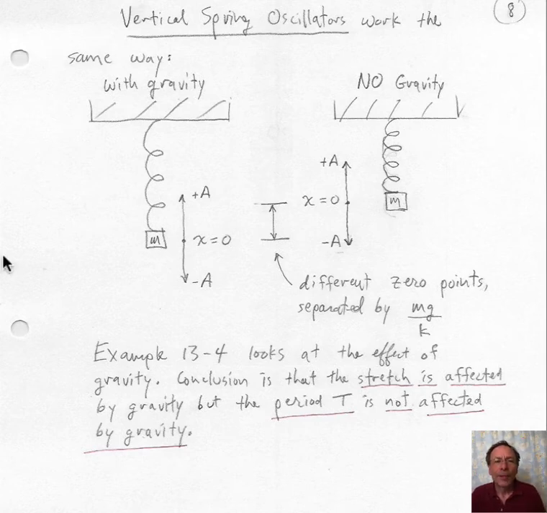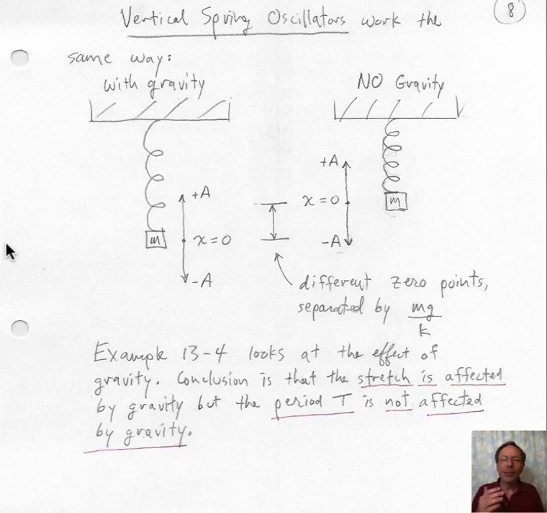Okay, now the book talks about the difference between oscillators, where you have the spring and mass moving horizontally, and the spring and mass moving up and down. And actually, there's very little difference in the way they operate. And as I've been explaining stuff, I really haven't made any distinction between the two.